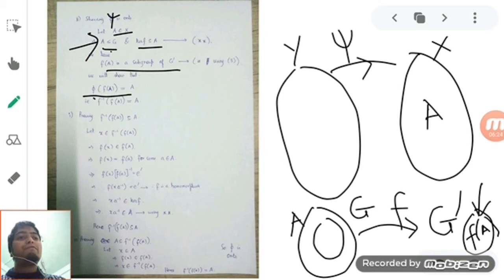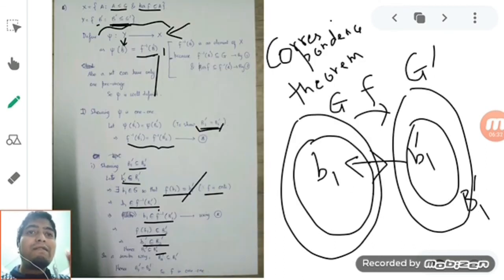So what we will do is, all elements of this set Y, if you see the definition, they should be subgroups of G dash, right? All elements of the set Y should be subgroups of G dash.